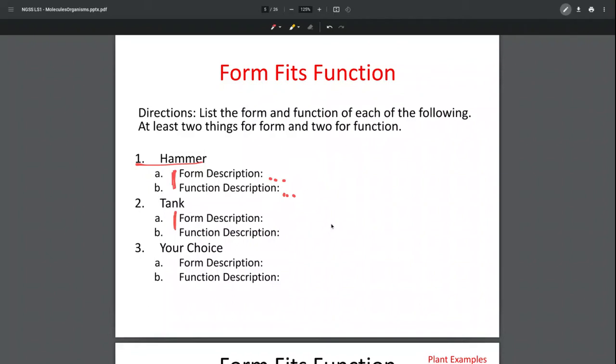What does it look like, and what does it do? How are those things linked together? Then I want you to choose one more thing and write its form, and then write its function. So how are the form and the function linked? You can pause this here and practice this on your own, and I will be checking for that in your notes.